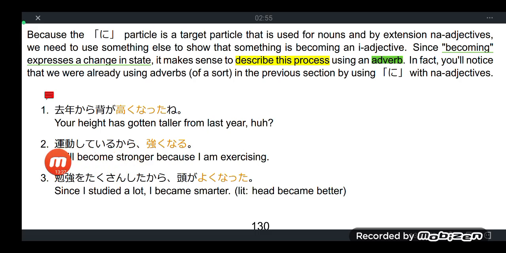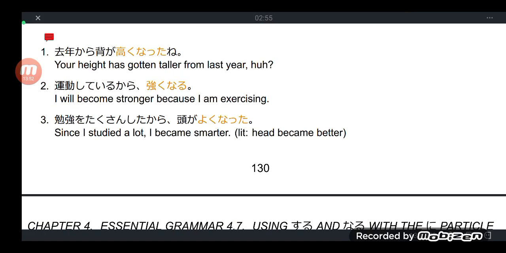Doing exercise is undo shiteiru kara. Since I am doing exercise, undo shiteiru kara tsuyoku naru. Since I've been doing exercise, then I'm sure that I'll become strong. Or, I will become stronger because I am exercising. Also the same translation.